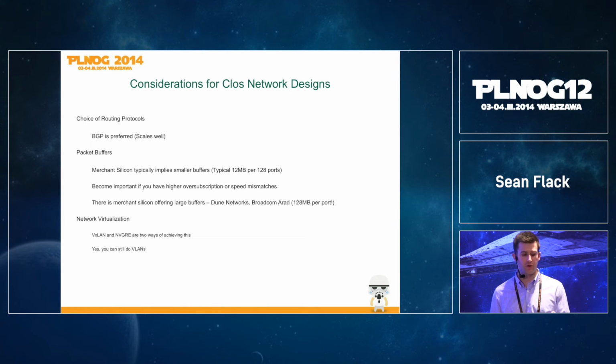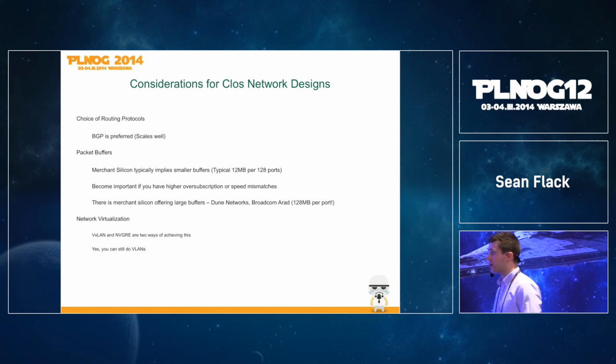If you were to use bigger ports, say if you're transitioning from 10 gig to 40 gig or 10 gig to 100 gig, buffers become important because we have to speed up the traffic, receive all the traffic at one speed, and then transmit it at the higher speed. But there is other merchant silicon out there that does provide higher buffering. So the likes of Broadcom do provide 128 mega buffering per port.